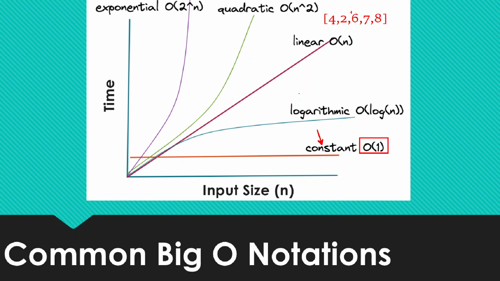If we want, for example, to access any item in this array, we will simply write the array name, then put the index of that particular position that we want to read. For example, if we want to print out 4, then we will do array[0]. It will take some time.